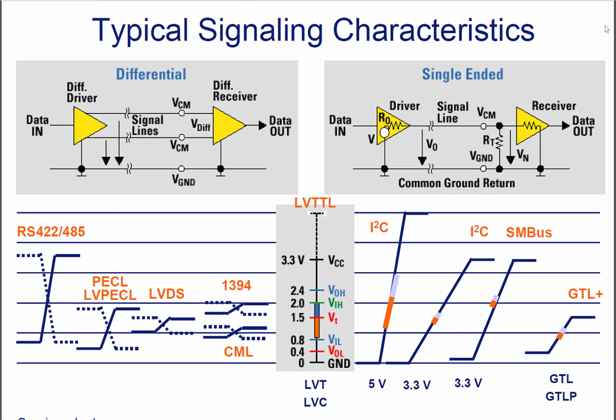And then we'll see LVDS, low voltage differential signaling, and IEEE 1394, also known as Firewire, which used to be very popular in Apple products. On the right we see our single-ended signals, and you'll see there's no difference taken.